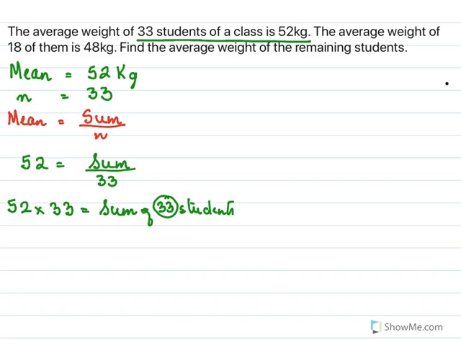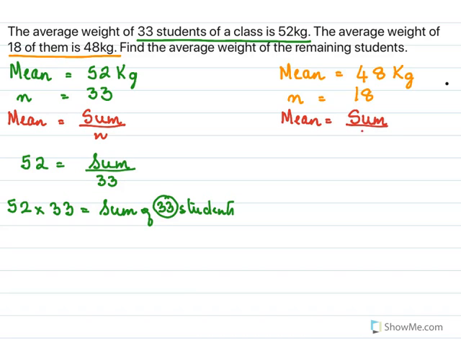And in the next part of the sum, they say the mean of 18 of them is 48. So a part is given. Here the mean equals 48 kg, and the number of students is 18. So again we have mean equals sum over number of observations.